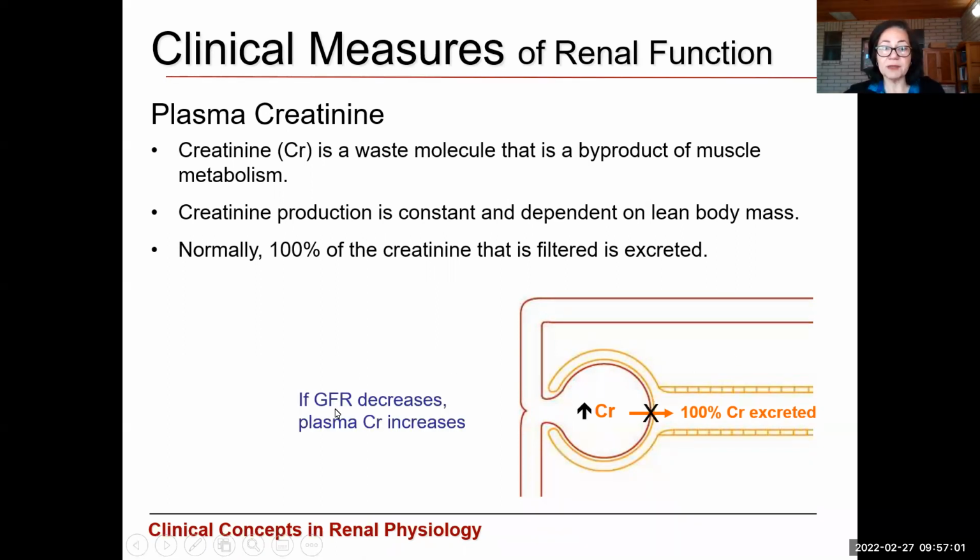Okay, so if the glomerular filtration rate decreases, so less fluid coming across here, that means less creatinine is coming across. That means more creatinine is building up. And so that's how we use this creatinine number. There's a relatively normal range for it. And as that number increases, it tells us something's wrong with the kidney. We're not getting rid of it.